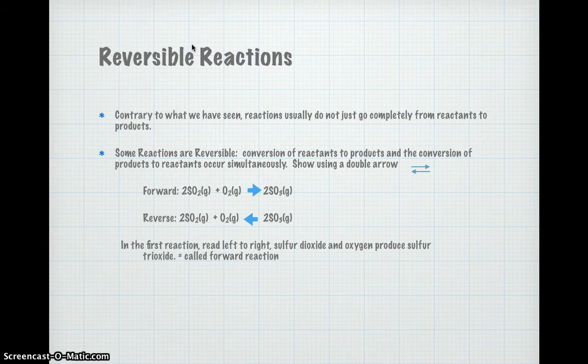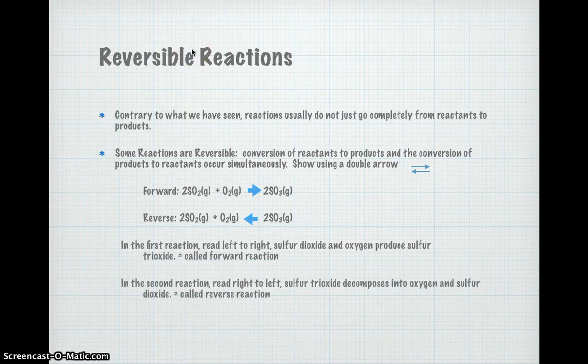All right, so in the first reaction, read left to right, sulfur dioxide and oxygen produce sulfur trioxide. That's called the forward reaction. In the second reaction, read right to left, sulfur trioxide decomposes into oxygen and sulfur dioxide, called the reverse reaction.